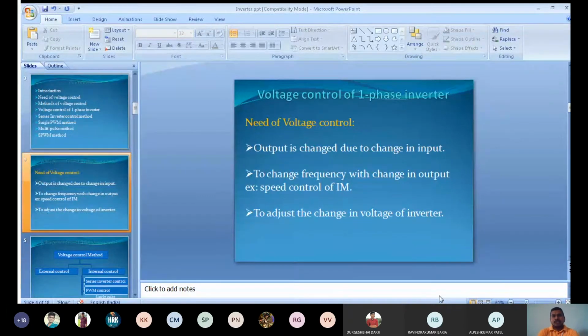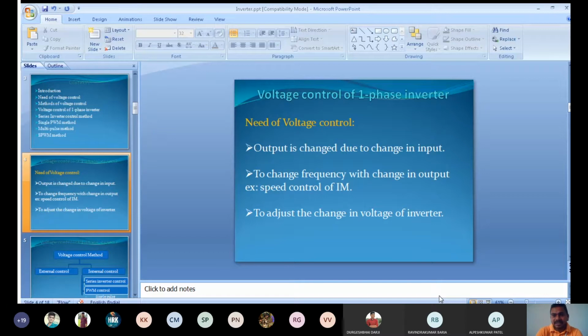Next, what happens to the output when the frequency changes? Suppose we want to control the speed of an induction motor. We have to change the frequency, and as the frequency changes, the output also changes. So for that also we need voltage control, to adjust the change in voltage of the inverter itself.